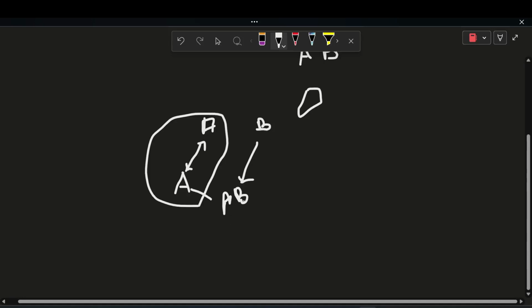Moreover, if there was an O, then there would be a line like this.